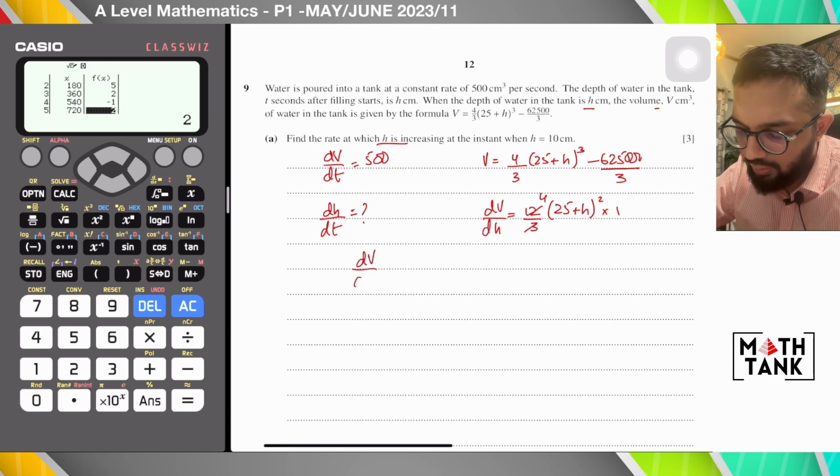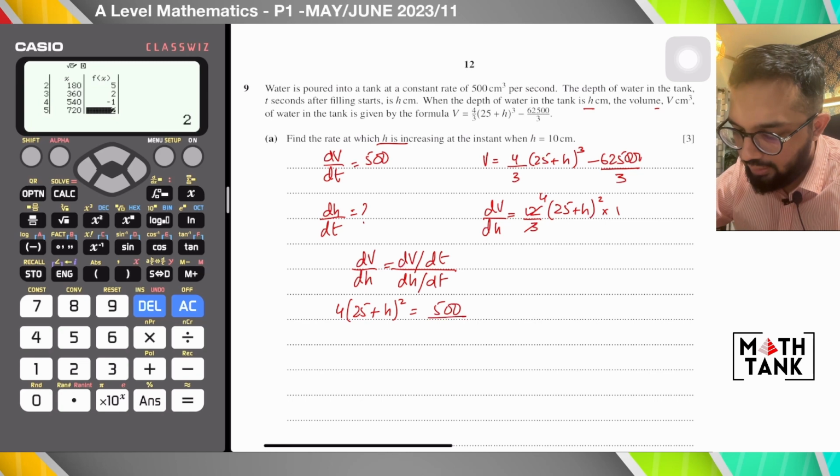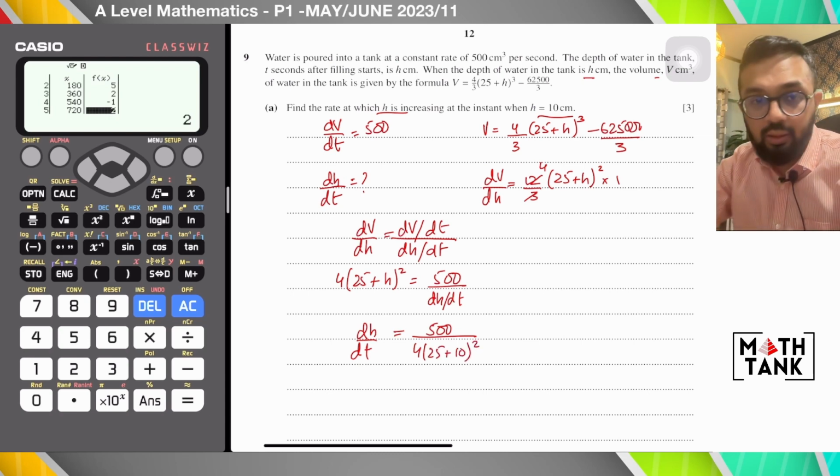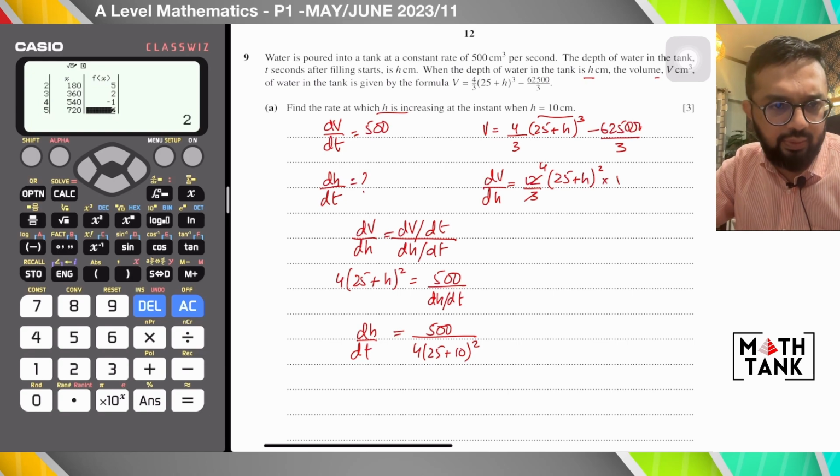Can I construct a chain rule for myself? 500, and dh over dt is what I'm trying to find when h equals 10. So dh over dt, and h equals 10. Let's see if we get the correct answer on this one.